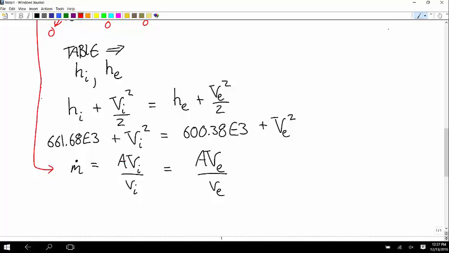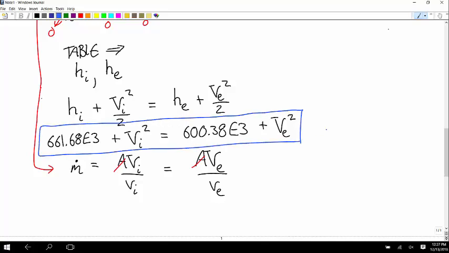And we can cancel the A's. So this is one equation. This is a second equation.